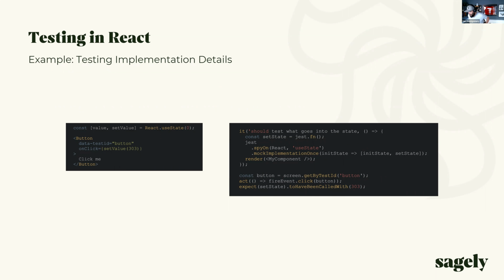Implementation details. When we're talking about implementation details in React, there's stuff that happens inside of a component that is really hard to test. So for example, testing state directly, or you might have private functions declared within your component or your class that you feel like need to be tested. And that is a difficult thing to do with our current React testing strategies.